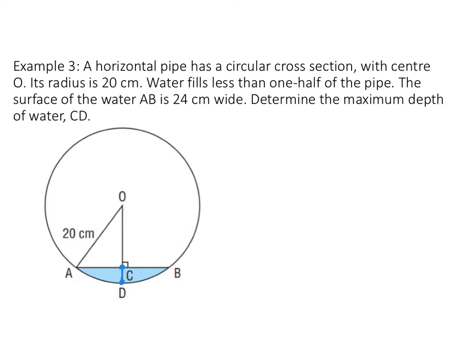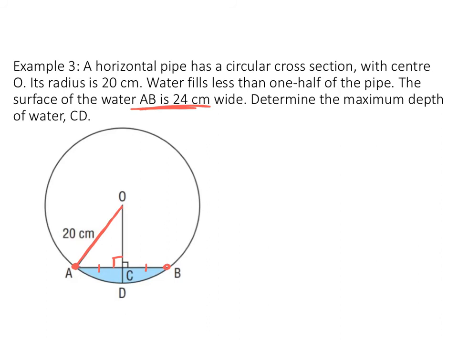So let's use the triangle that they've given us. So we know that this side here is 20 centimeters. I know here's my 90-degree angle. I know the surface of the water from A to B is 24 centimeters wide, but I know that these two halves are the same.